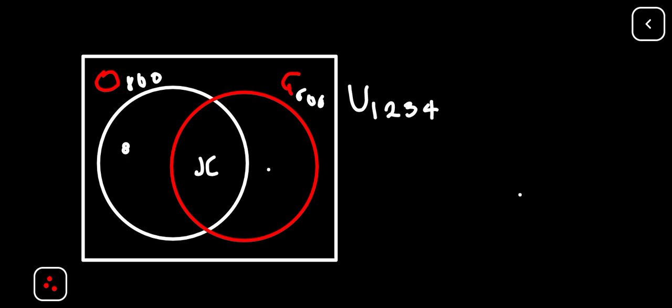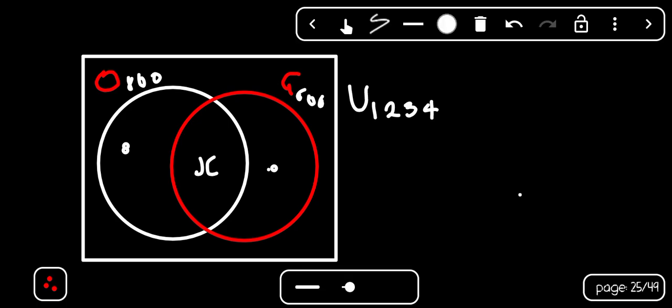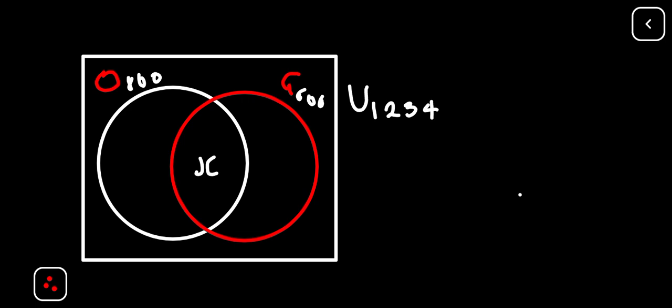The number of students that went to the gala night minus those that went to both will give us those that went to only the gala night. So here we're going to put 800 minus X, and here 600 minus X. We've explained this in the last video, so I hope it's not strange to you.